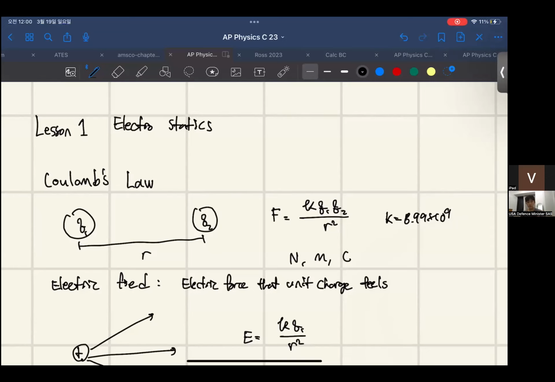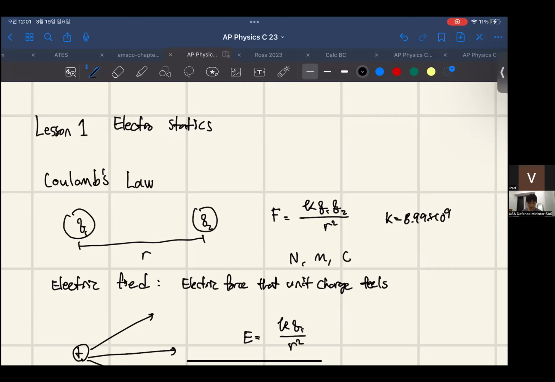So this first unit will be lesson 1, electrostatics. It's in fact the same as unit 1 in our school, but starting from lesson 2, it might be different from the schedule that our school provides, simply because I feel like I can pace it faster. I feel like I can teach things in a more congested way. But anyways, let's get started.